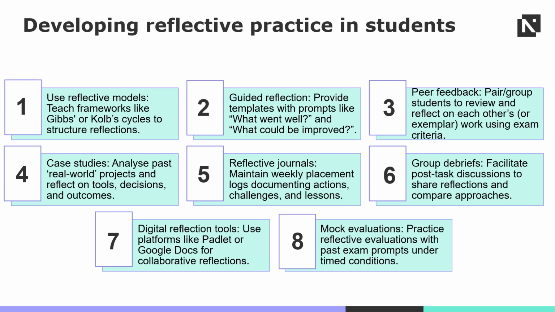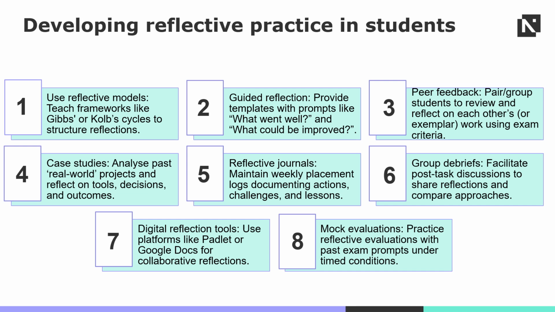Scaffold reflection practice. Provide students with guided reflection templates that prompt them to think about specific aspects of their work. For example, what went well, what could have been improved, what tools did I use, and how effective were they? Gradual removal of scaffolds allows students to internalise reflective habits and feel confident conducting independent evaluations.